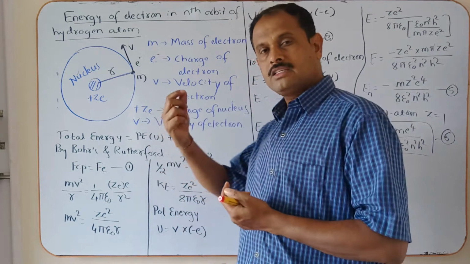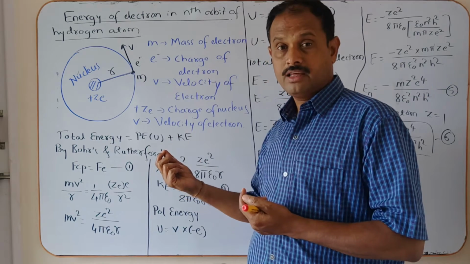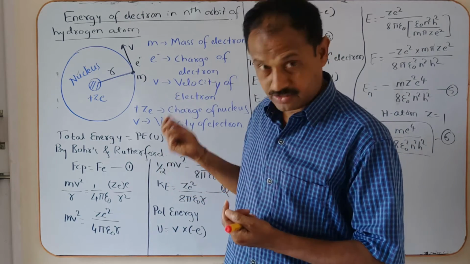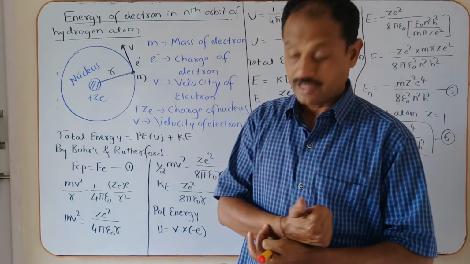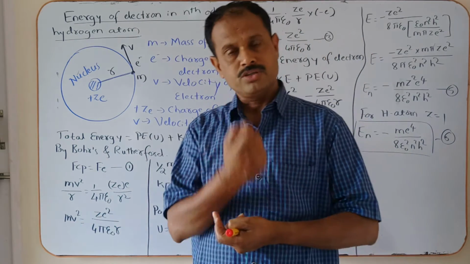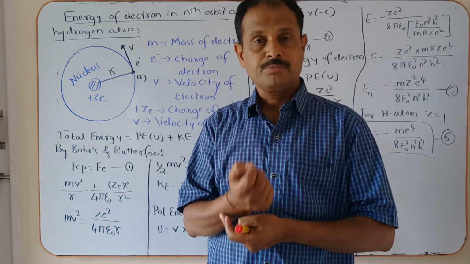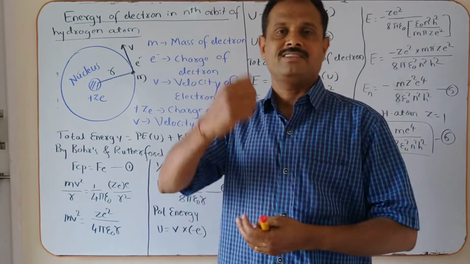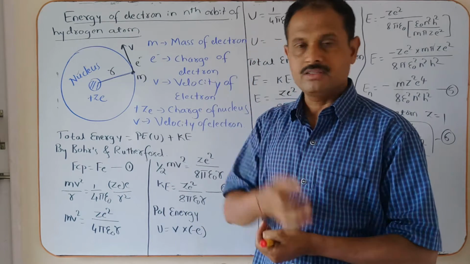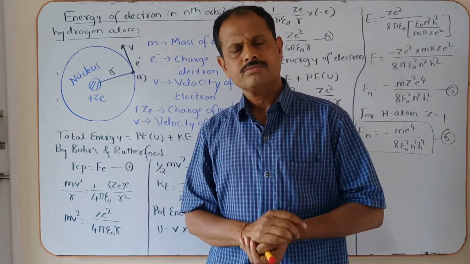Now when any charge, say an electron, is placed in an electric field, definitely it possesses electric potential energy. Hence that electron possesses electric potential energy due to the electric field of the nucleus. This is the potential energy.